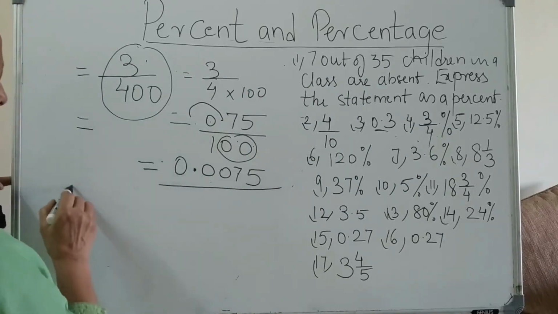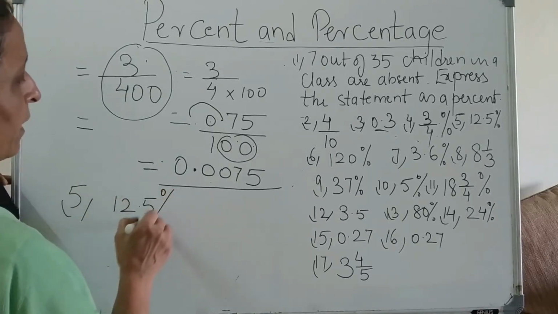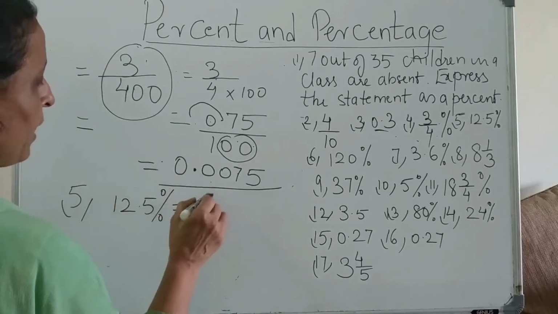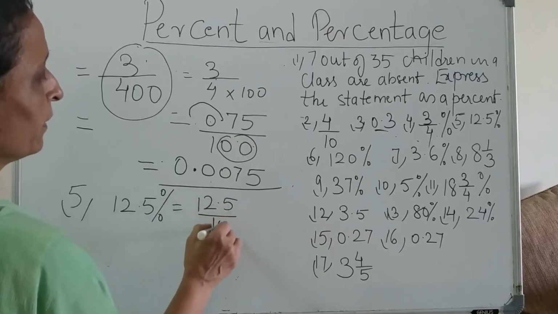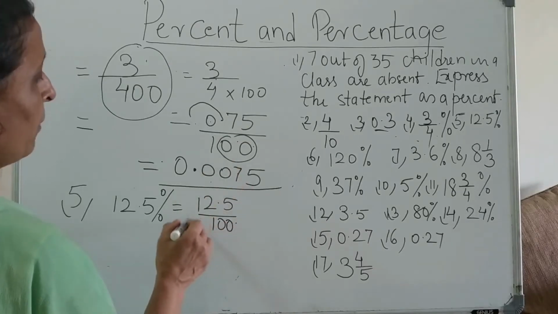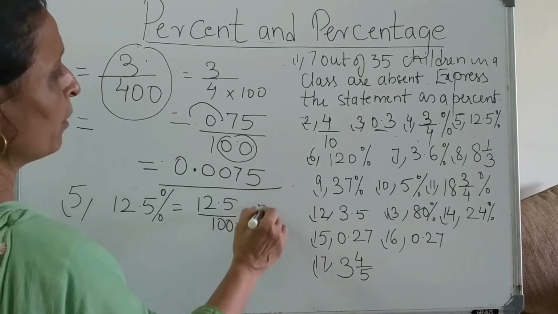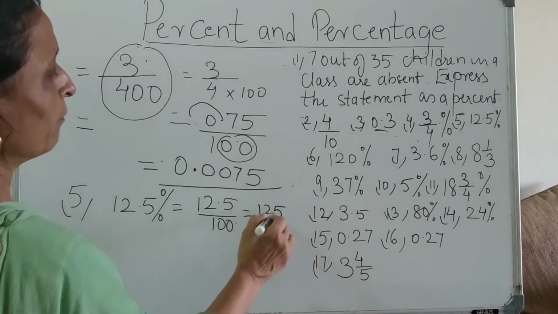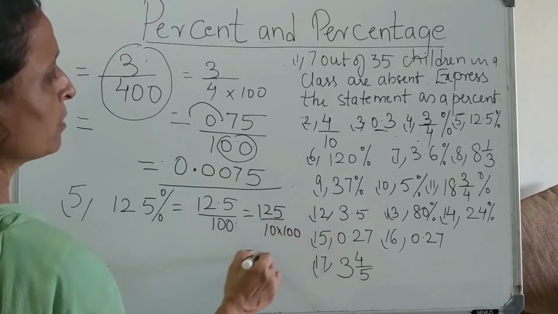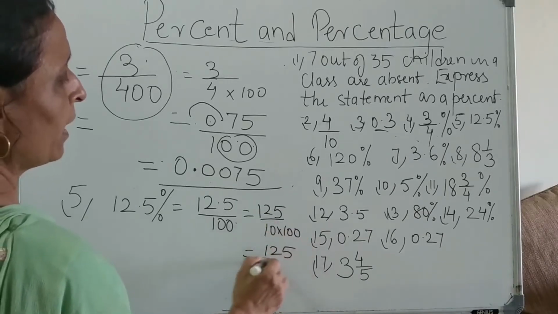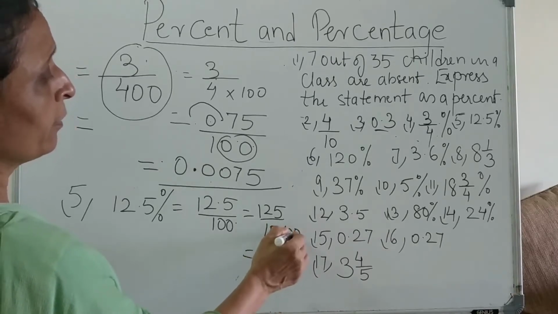Now next, 12.5%. Again, this can be converted into fraction and then decimal. 12.5 by 100. This is the fraction, but further what you have to do is to remove the point, you have to write divided by 10 into 100. So this is 125 and this is divided by 10 into 100.